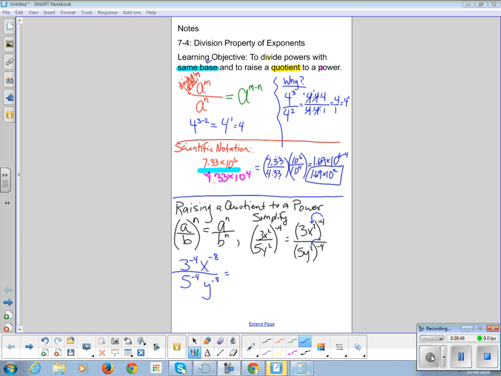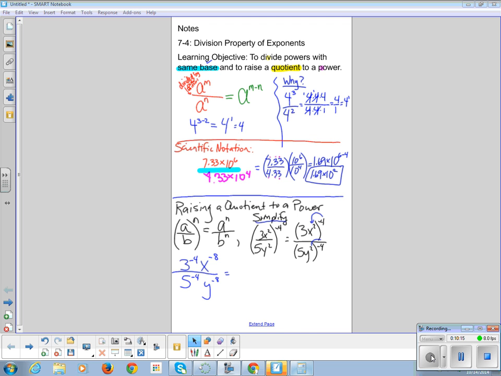Now, anytime you simplify, you do not want to have negative exponents. If it's telling you to simplify, you've got to make sure all of your negative exponents are taken care of. And if we remember from our previous lesson, when we have a negative exponent and we drop it down to the denominator, or vice versa, if we have a negative exponent in the denominator and you pull it up to the numerator, we make our exponent positive.